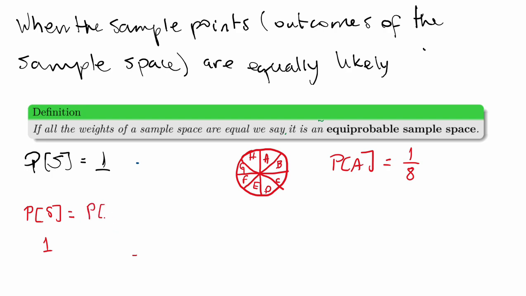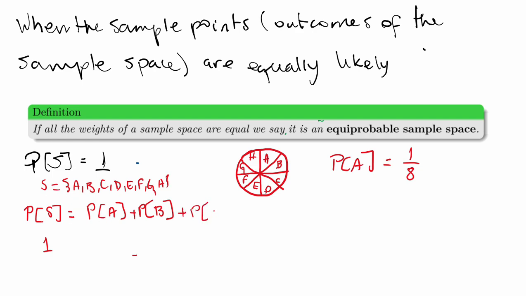Now, what is the sample space composed of? The sample space is the event: pizza A, B, C, D, E, F, G, and H. What's the probability of the sample space then?